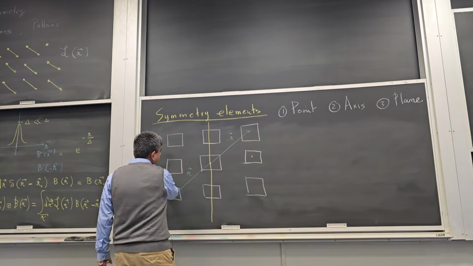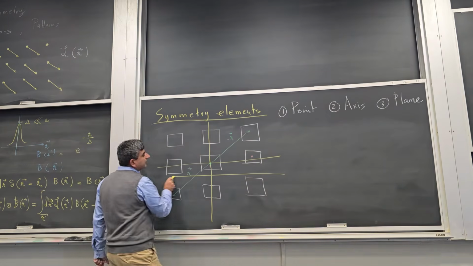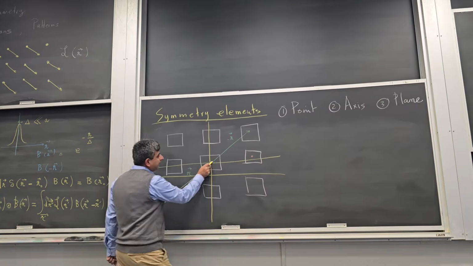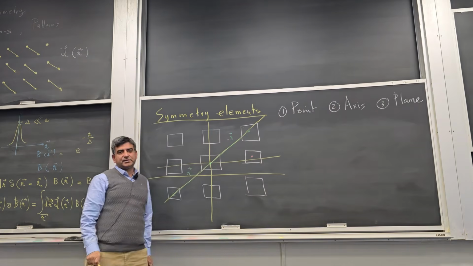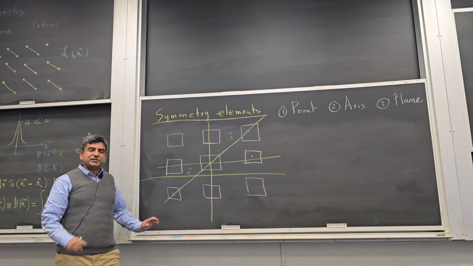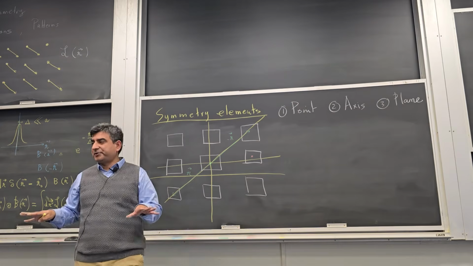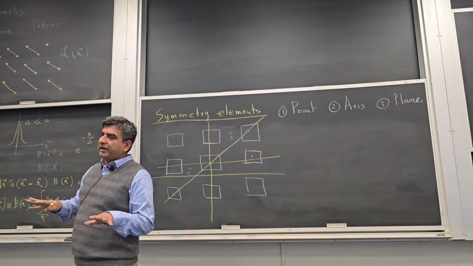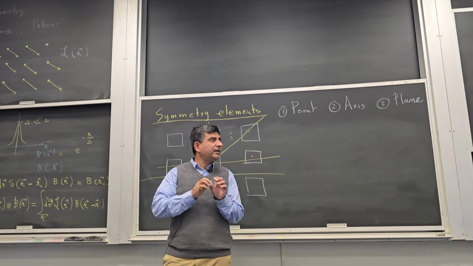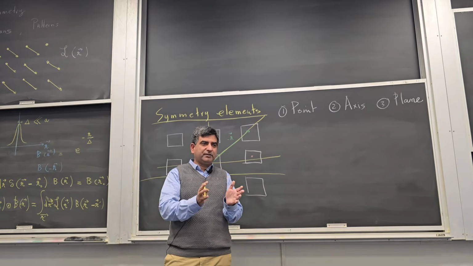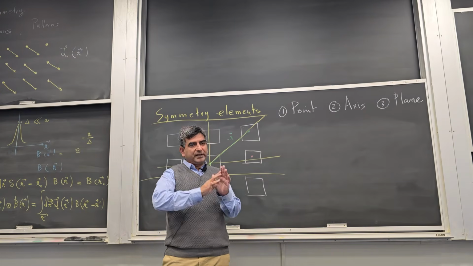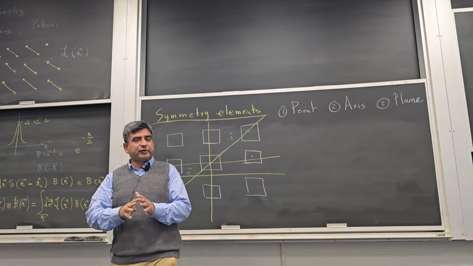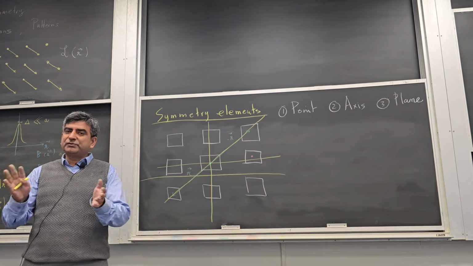I can also draw this plane. I could also draw another plane. I could draw this plane. Multiple planes can exist. So symmetry elements are generally in two dimensions. They are classified. They could either be a point symmetry operation, they could be an axis of symmetry, they could be a plane of symmetry, and they have their own symbols.